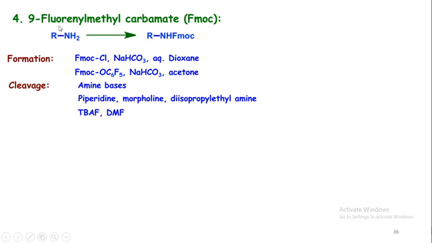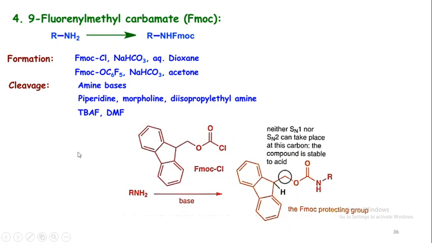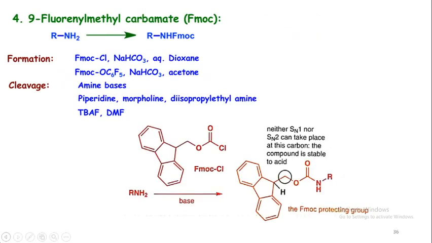The fourth method is FMOC, that is 9-fluorenylmethyl carbamate. The conversion of amine into 9-fluorenylmethyl carbamate can be done by using FMOC chloride in presence of base. The structure of FMOC chloride is like this.